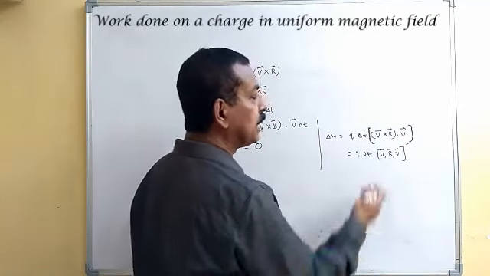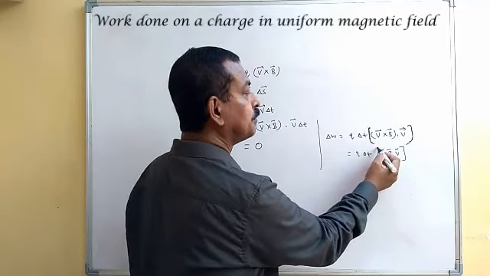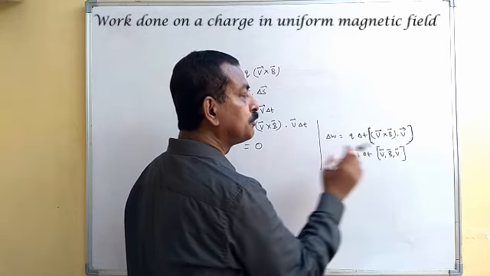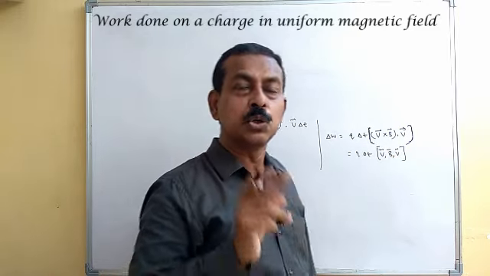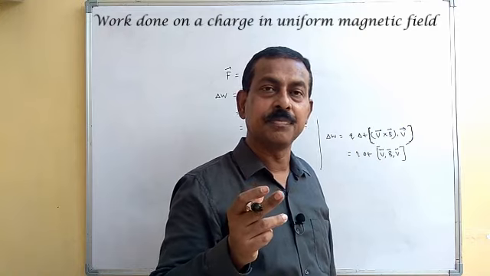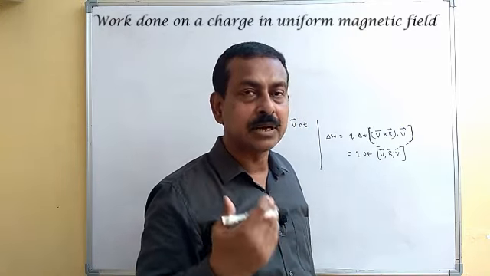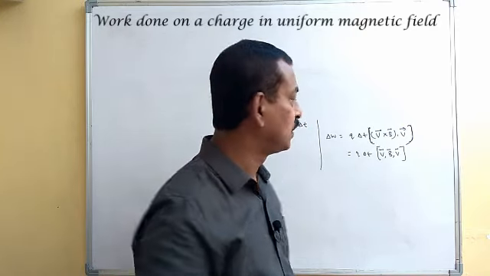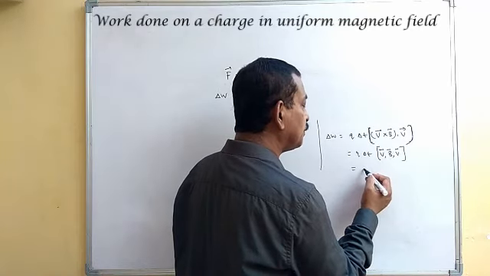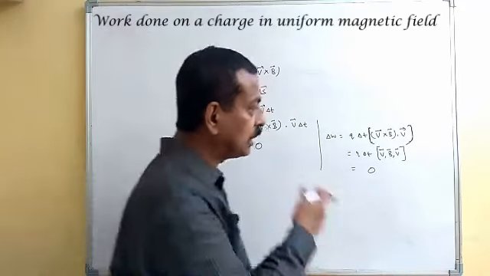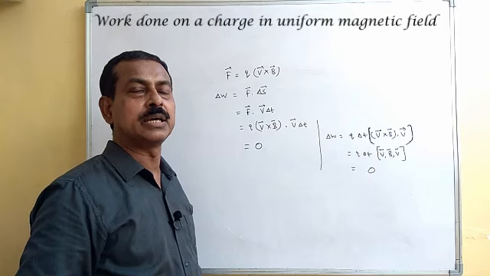And if you take a scalar triple product, in that case, if in the scalar triple product two terms are the same, the scalar triple product value is 0. So in this case, this will be 0. So that will also show that the work done will be 0.